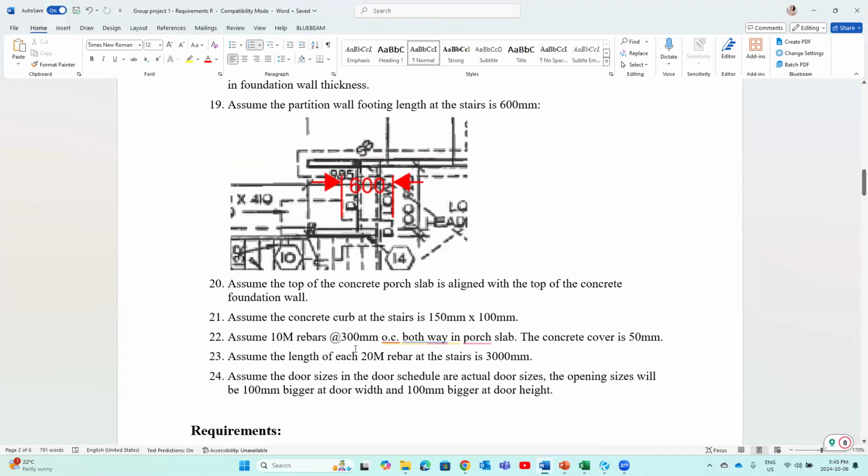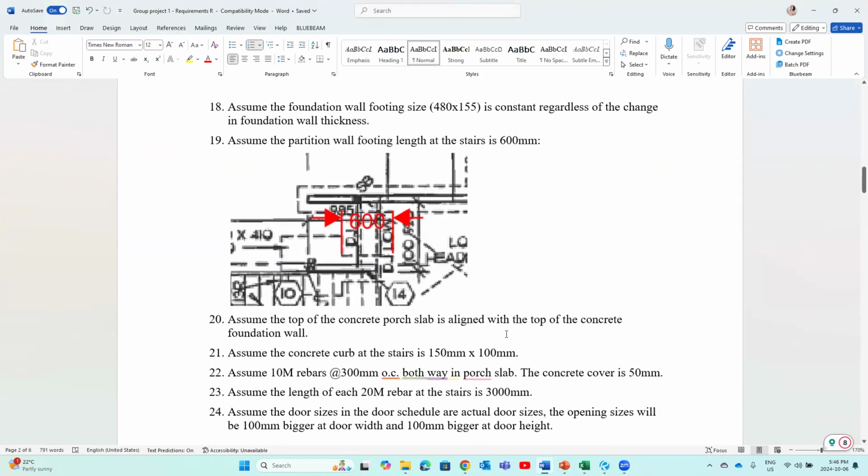And then also rebar, I say assume 10M rebars at 300 millimeter on center, both ways in porch slab. The concrete cover is 50 millimeter. So those are the information you need to read before you go through the drawings.